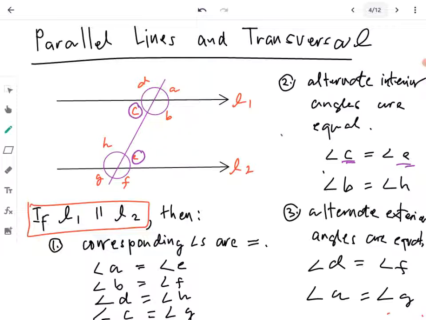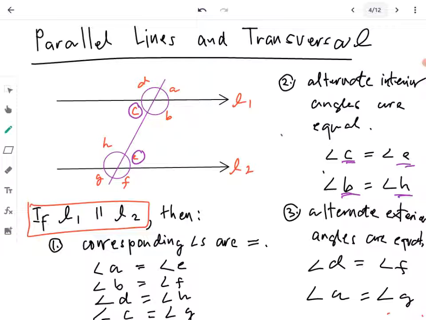They are inside the parallel lines, which makes them interior. Alternate is because they are on the left and right sides respectively of the transversal, which is the purple line. Interior is because they are between the parallel lines. B and H are also alternate interior angles, and they are also equal.